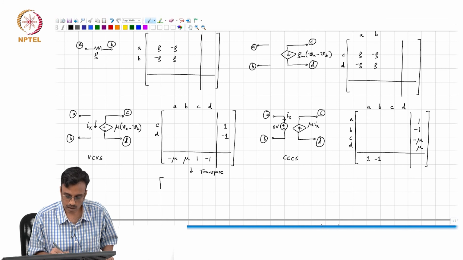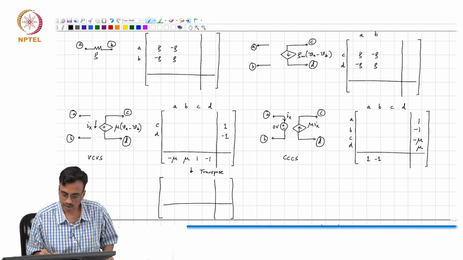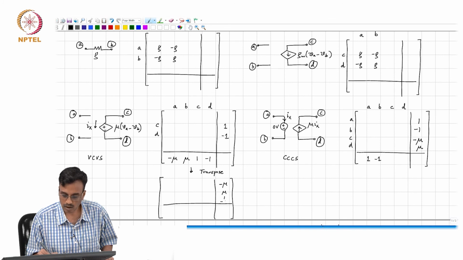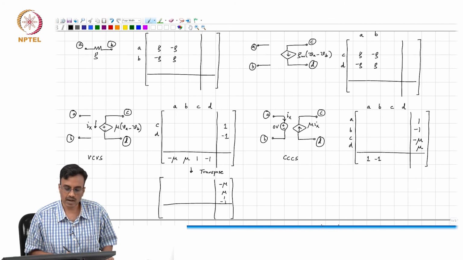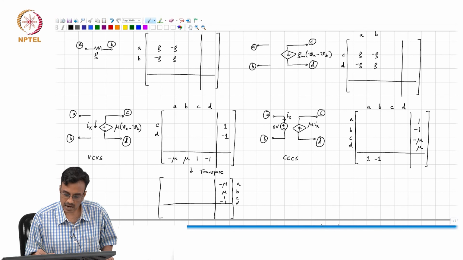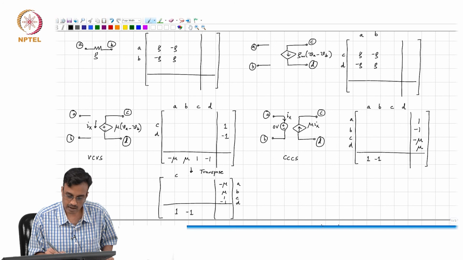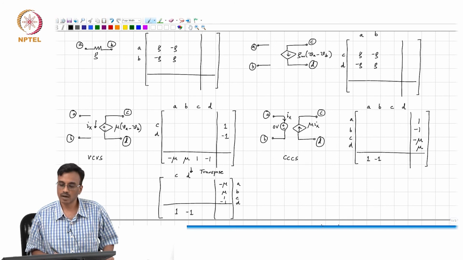Please see this clearly. You will get minus mu, 1, minus 1, in rows A, B, C and D, and on the last row, 1 and minus 1 in the C and D columns.